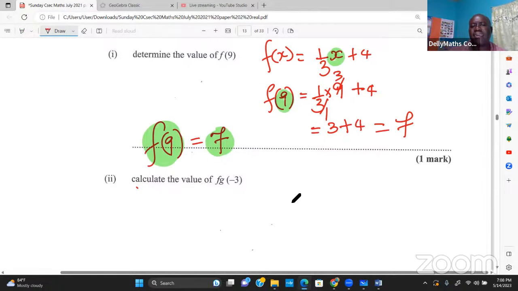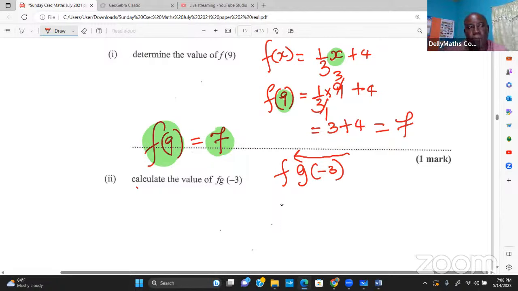Calculate the value of f of g of -3. Now, whenever I get composite functions, where more than one function is combining, we work them backwards. We work them from right to left. Matter of fact, there are two ways you could do this. In the interest of time, I'm going to do it the way that I think is simpler, right?